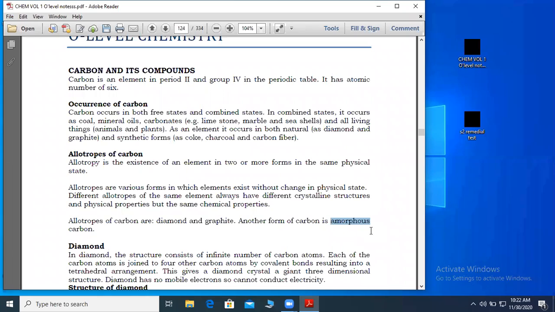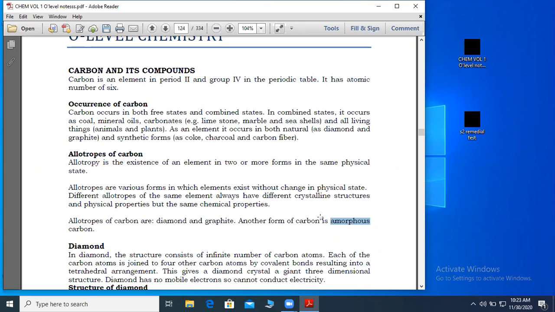Soot is carbon, but the way it comes, it is like in gaseous state. You remember the soot from a luminous flame, how black it was, but it is not solid. So those are the amorphous forms of carbon.